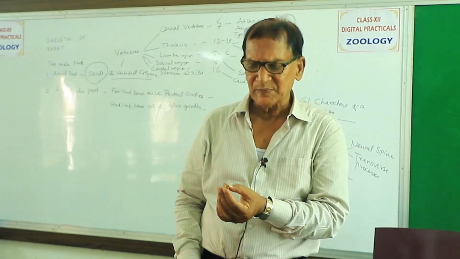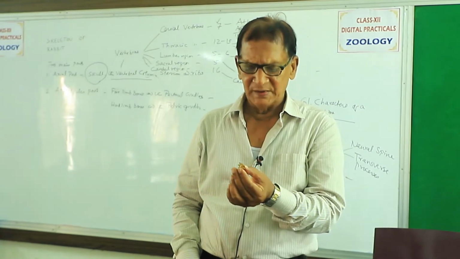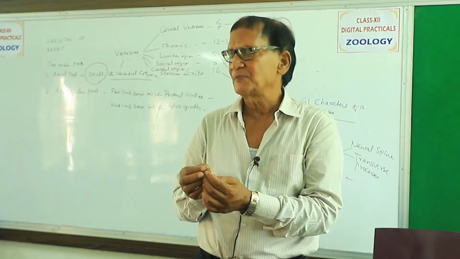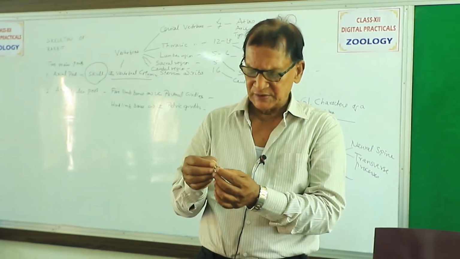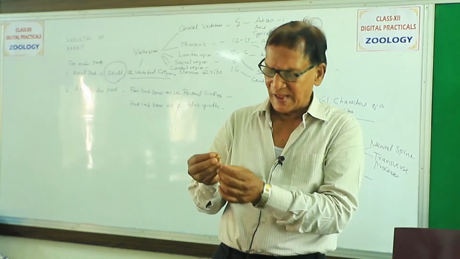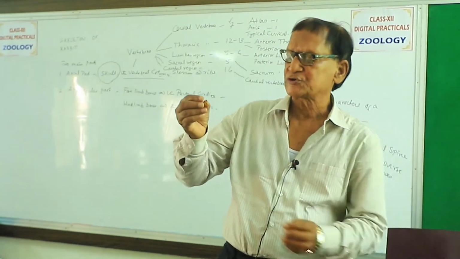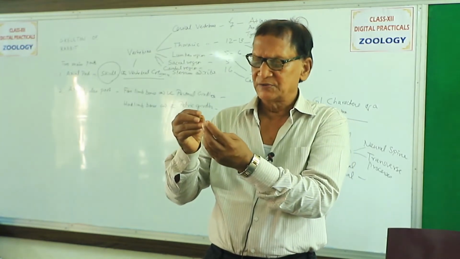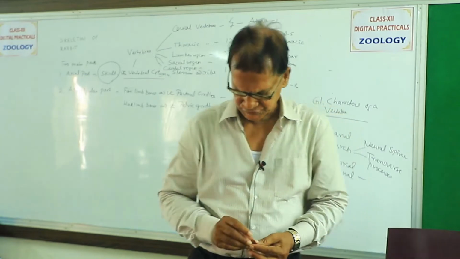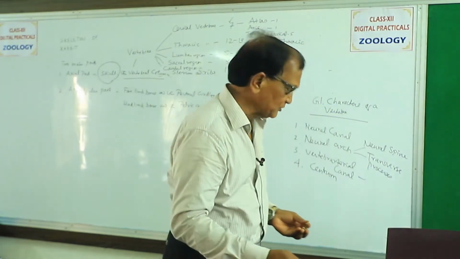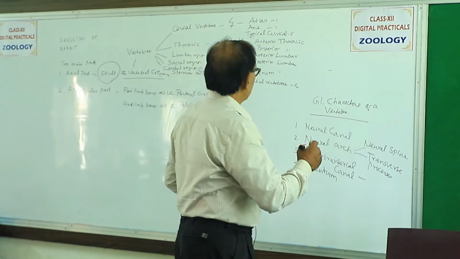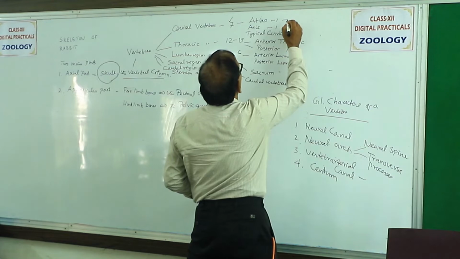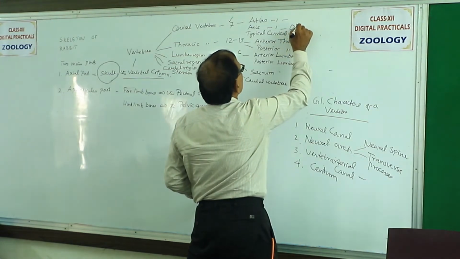Now the axis vertebra. Between the atlas vertebra and the axis vertebra, there must be some mobility. So the axis vertebra anteriorly has a tooth-like projection that is called the odontoid process.